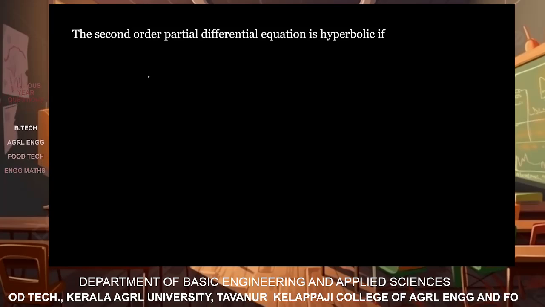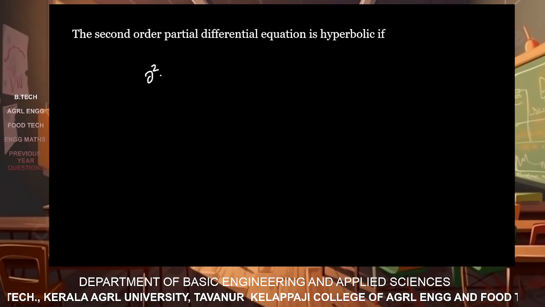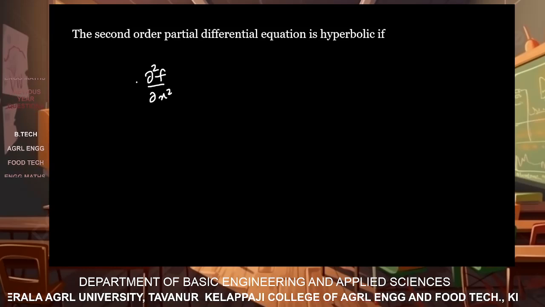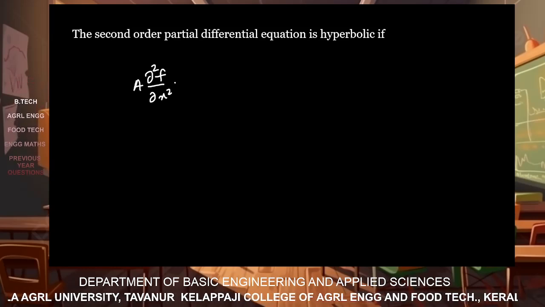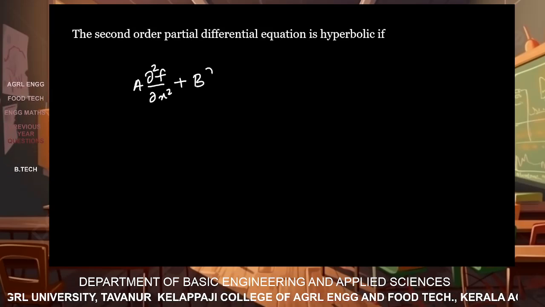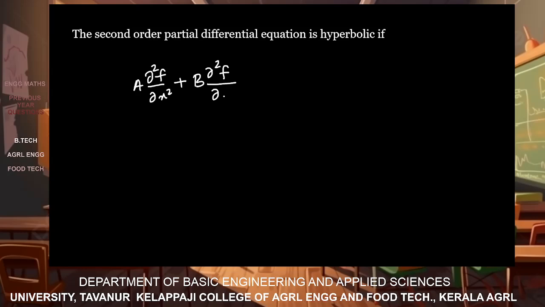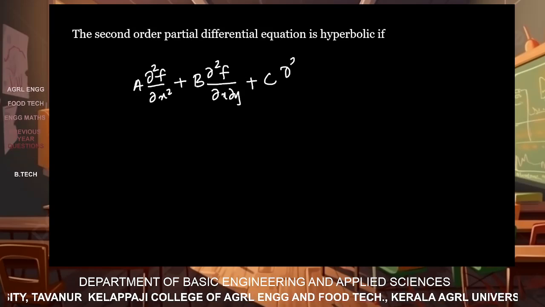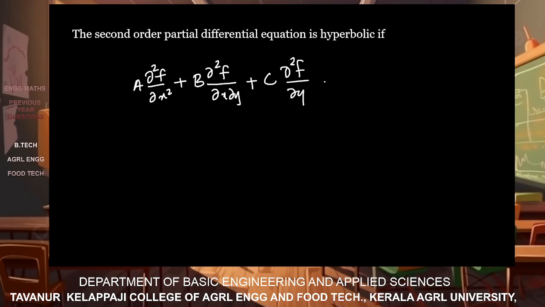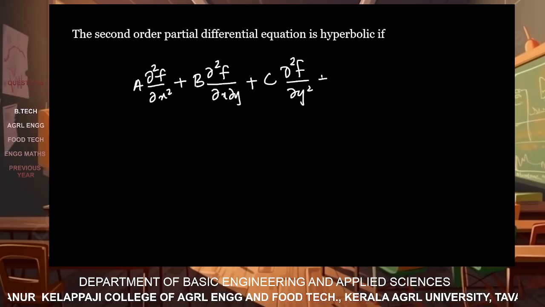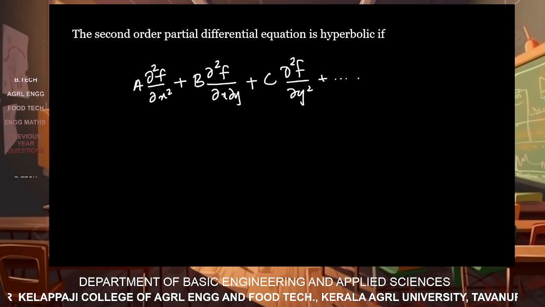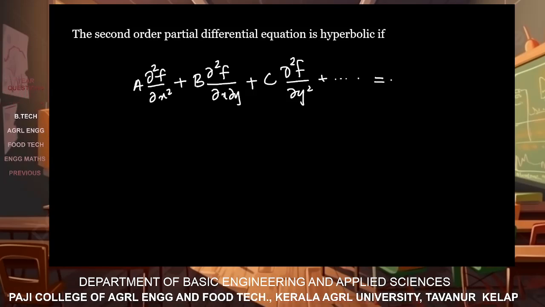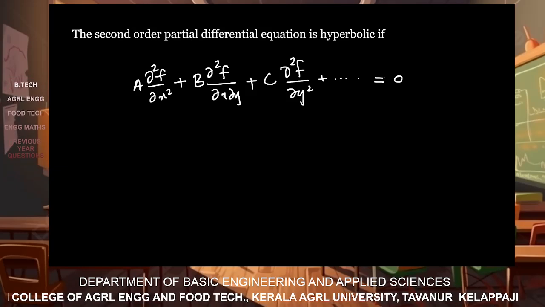A second order partial differential equation, for example, is a times dou square f by dou x square plus b times dou square f by dou x dou y plus c times dou square f by dou y square plus other terms, that is the first degree terms, dou f by dou x, dou f by dou y, all equal to 0. Such an equation is called hyperbolic.